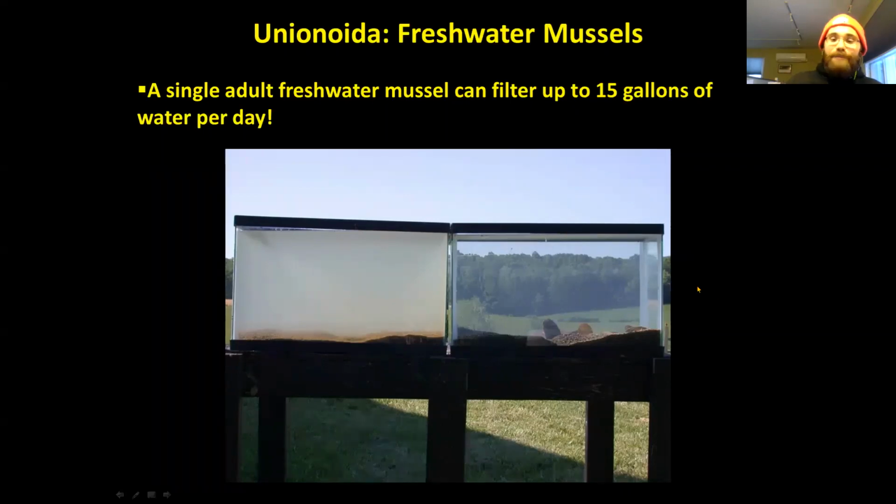It is absolutely insane how powerful these critters are at cleaning up freshwater ecosystems. And imagine having mile-long stretches of these critters filter feeding and cleaning everything up. It's going to be wonderful for having a nice, healthy stream system.